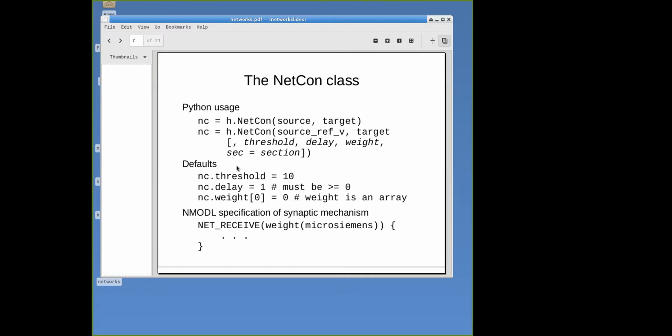So if the segment that you're monitoring has a depolarization that goes above 10 millivolts, the NetCon will think a spike has happened, and it's going to put an event into NEURON's event delivery queue, which will be delivered after some delay to the synaptic target. Well, what's the default value for the delay parameter? It's 1 millisecond.